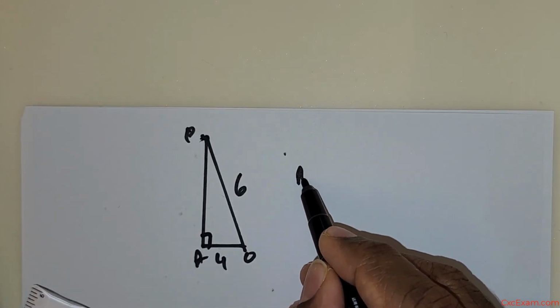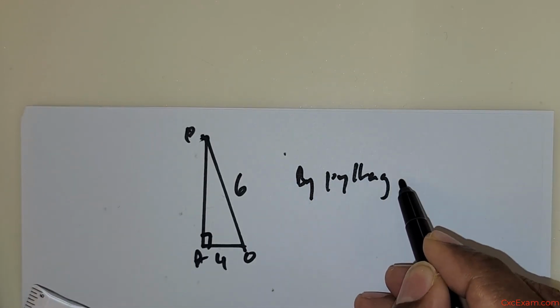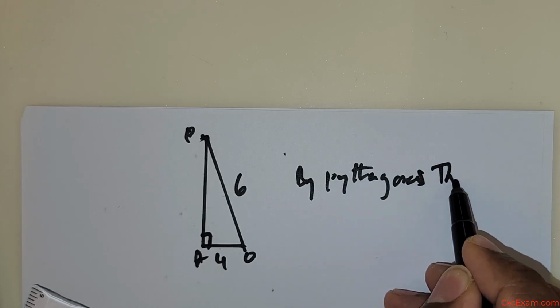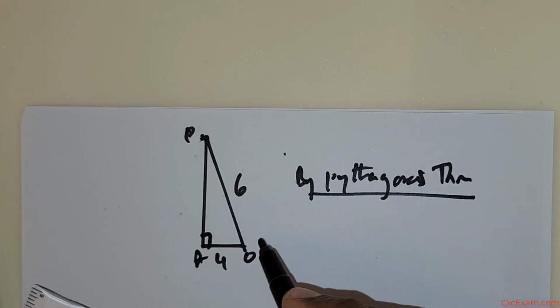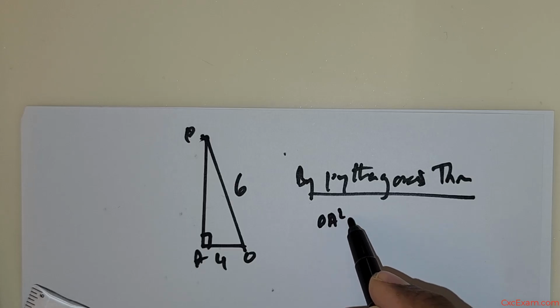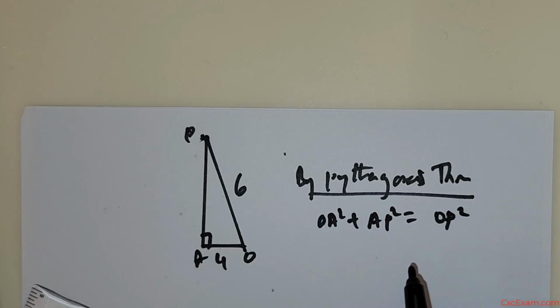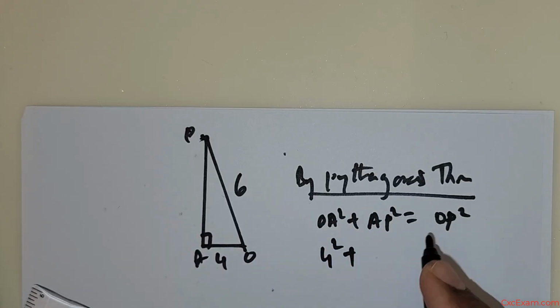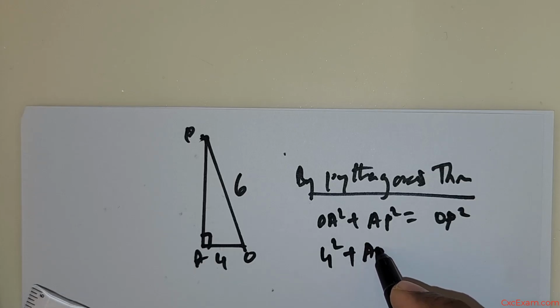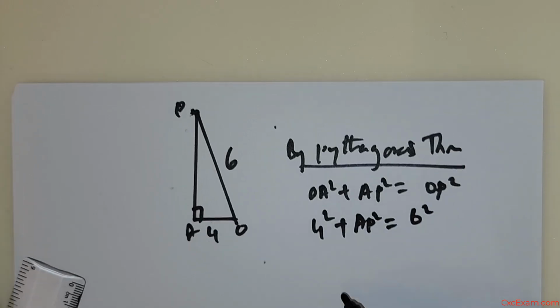So by Pythagoras theorem, you get OA squared plus AP squared is equal to OP squared. So 4 squared plus AP squared is equal to 6 squared.